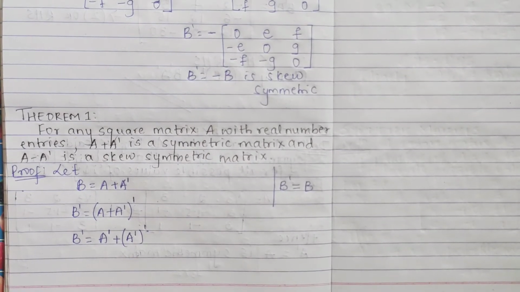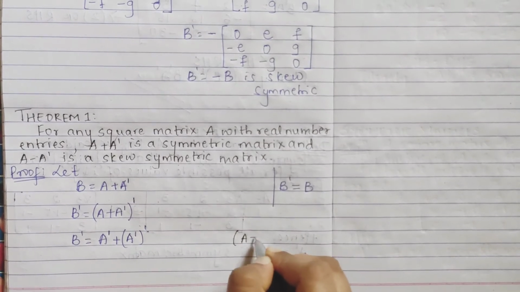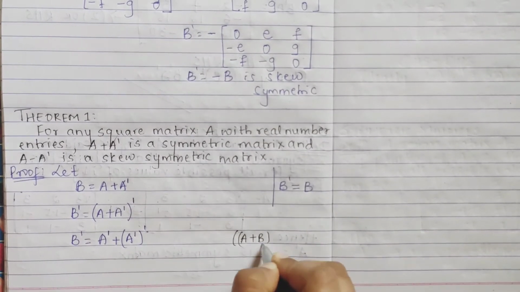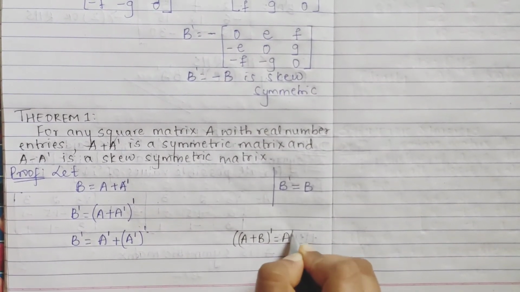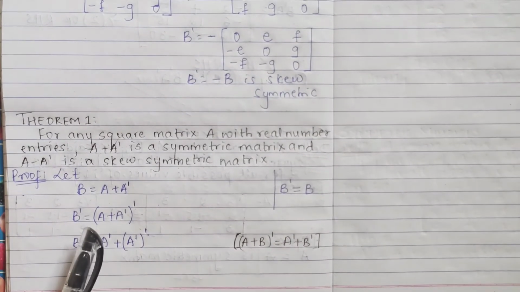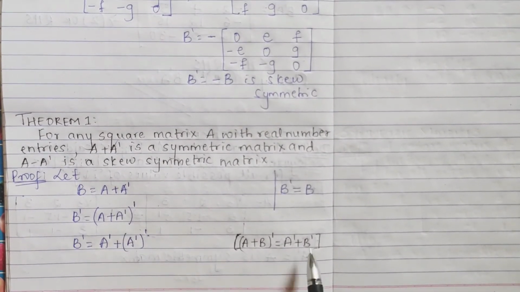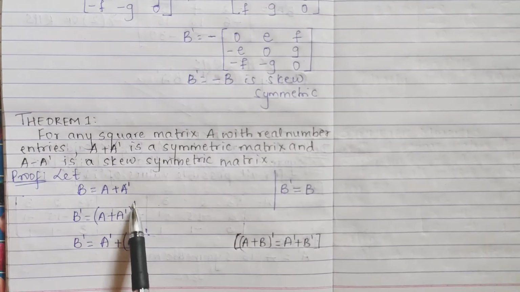Why am I writing like this? I have already one property. What is that? A plus B whole transpose is equal to what? A transpose plus B transpose. So here it is the same, right? A plus A transpose, the whole transpose will be A transpose plus B transpose. What is B transpose here? A transpose of transpose.